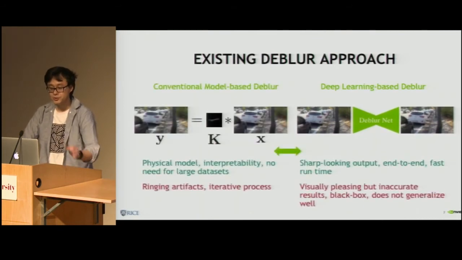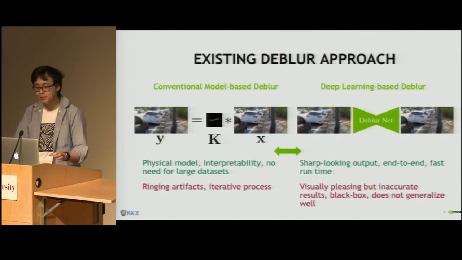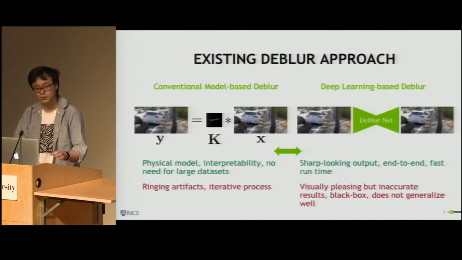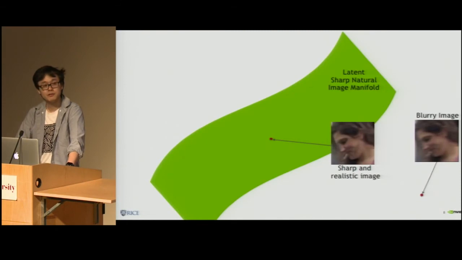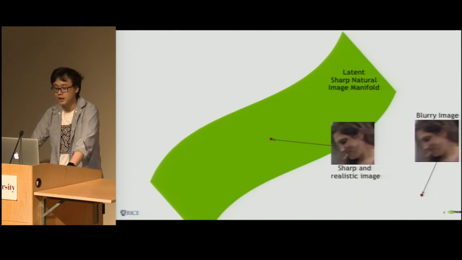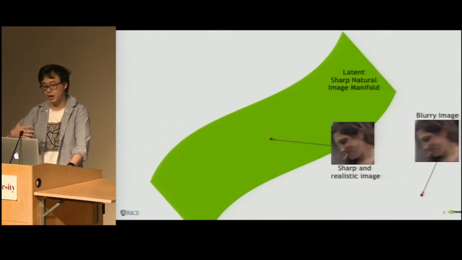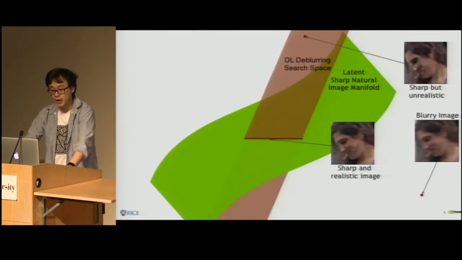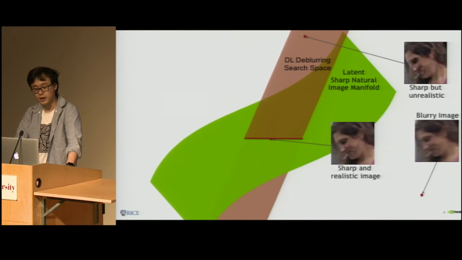So the goal of this work is to bridge the gap between the two approaches and propose a framework that leverages the advantages of both methods and overcomes the limitations. An intuitive way to look at the problem is that if we assume there is an underlying manifold for the latent sharp images, a deep learning-based method looks for solutions in a certain search space that may intersect with the manifold.